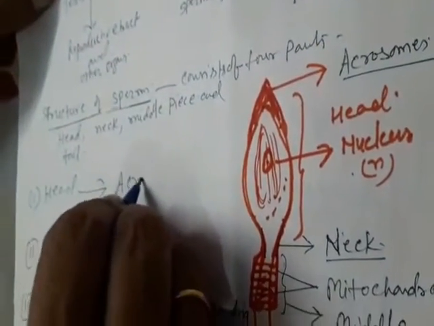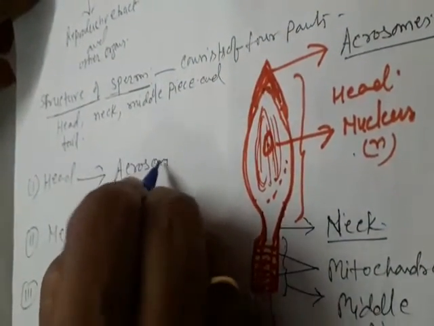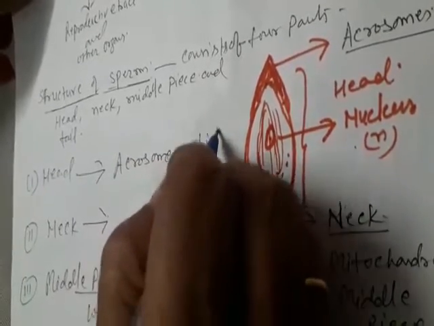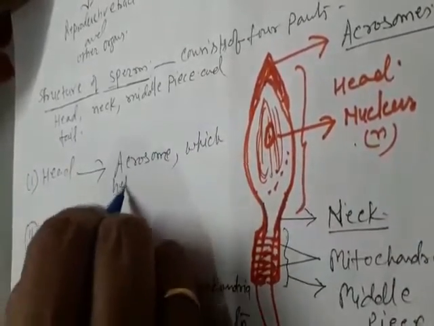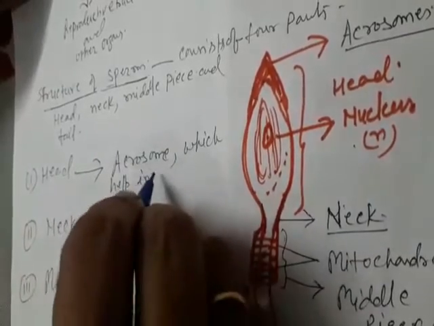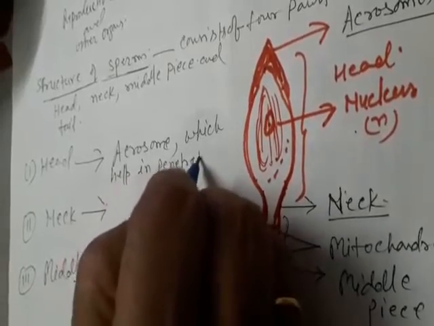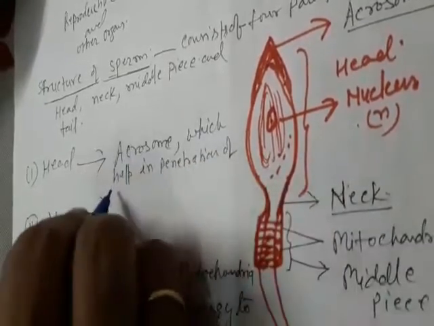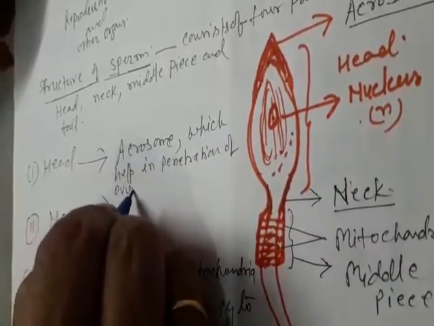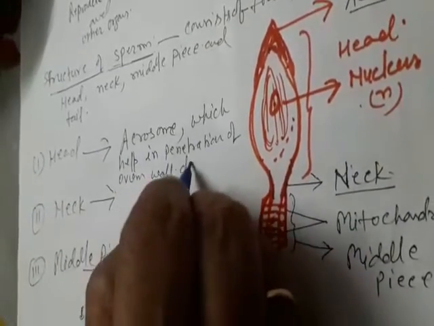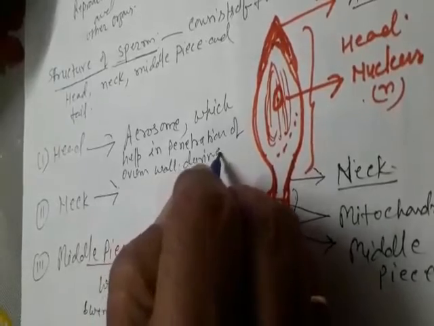It contains a chromosome which helps in penetration of the ovum wall during fertilization.